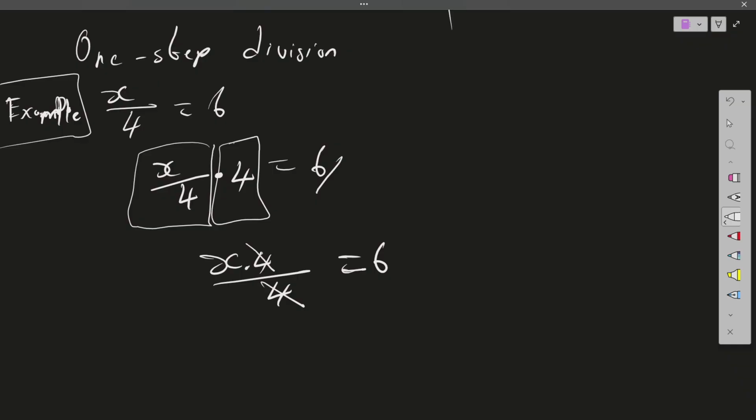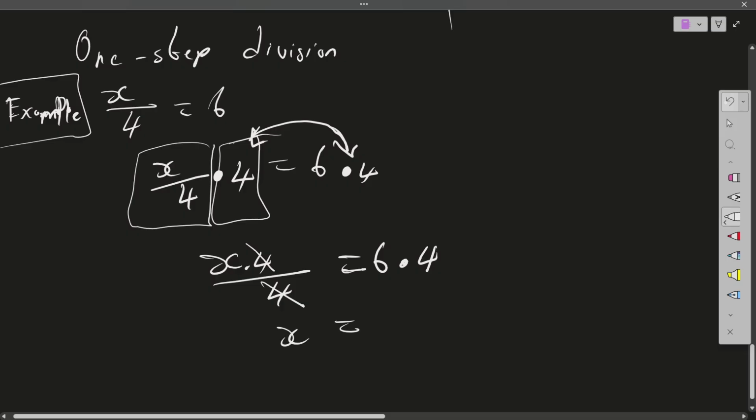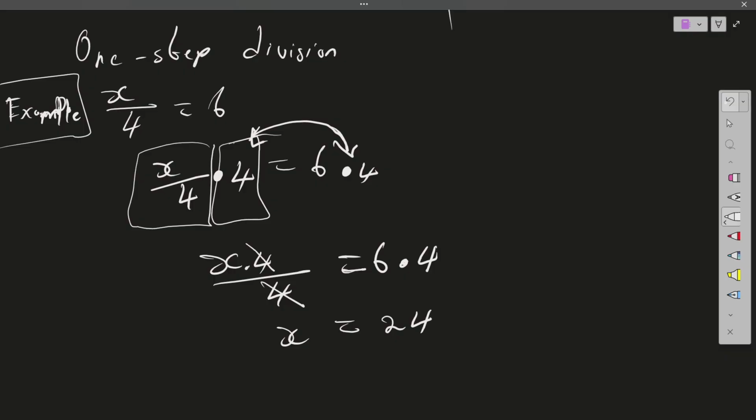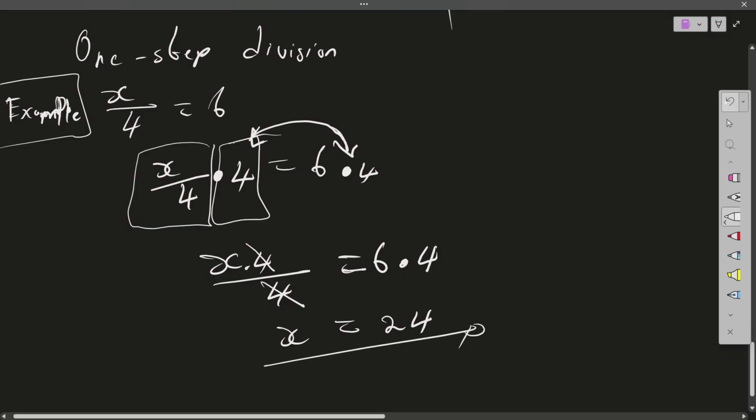Remember, what you did on the left hand side, you must also do on the right hand side. What you did here was to multiply by 4, and we are multiplying by 4 as well. And so 6 times that 4, right? So x is equal to, what is 6 times 4? And that is 24, I think. Yes, I think.